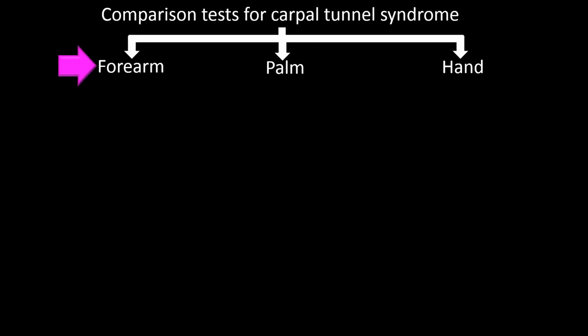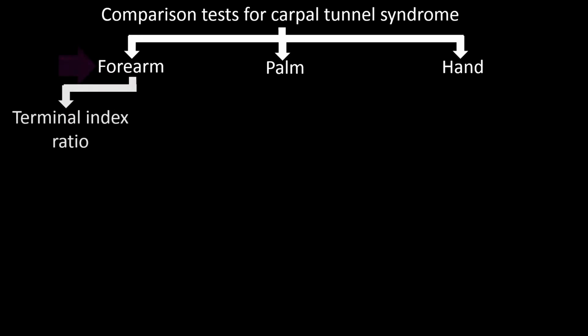The comparison between median nerve forearm conduction and the across the wrist median nerve conduction is obtained by determining the terminal index ratio, the residual latency, or both.